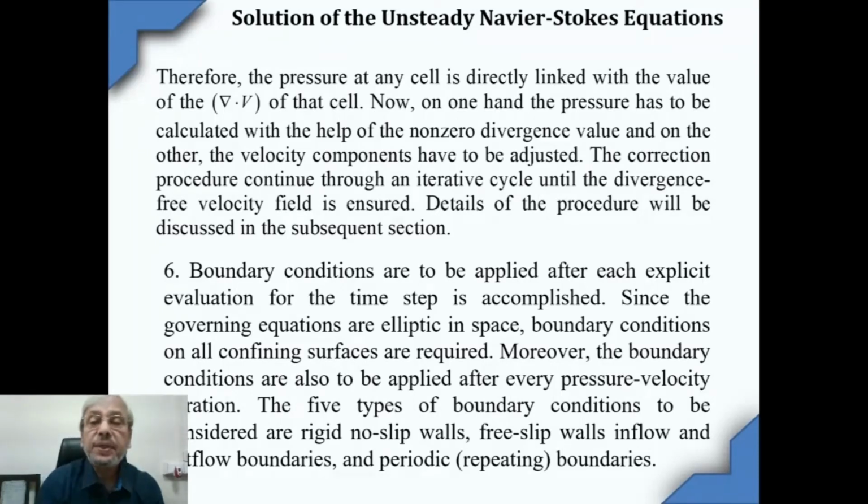Therefore, the pressure at any cell is directly linked with the value of divergence of V of that cell. Since divergence is not satisfied, you cannot accept the pressure of that cell as the converged pressure or the final pressure. Now, on one hand, pressure has to be calculated with the help of the non-zero divergence value, and on the other, the velocity components have to be adjusted.